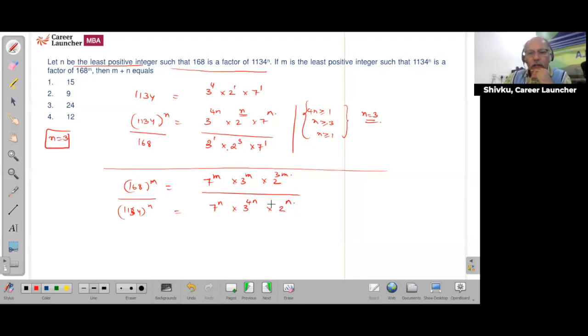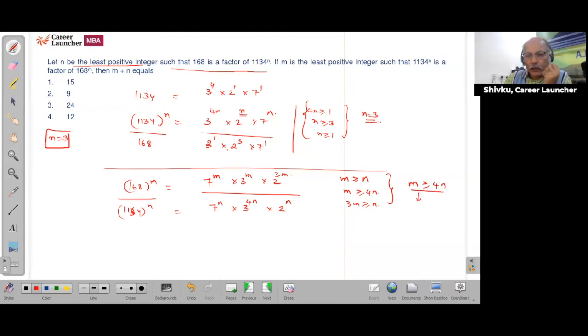So what are the criteria here? m has to be greater than or equal to n. If the numerator is divisible by the denominator, m has to be greater than or equal to n. m also has to be greater than or equal to 4n. And 3m has to be greater than or equal to n. So from all these conditions, the condition that must necessarily get satisfied is m has to be greater than or equal to 4n.